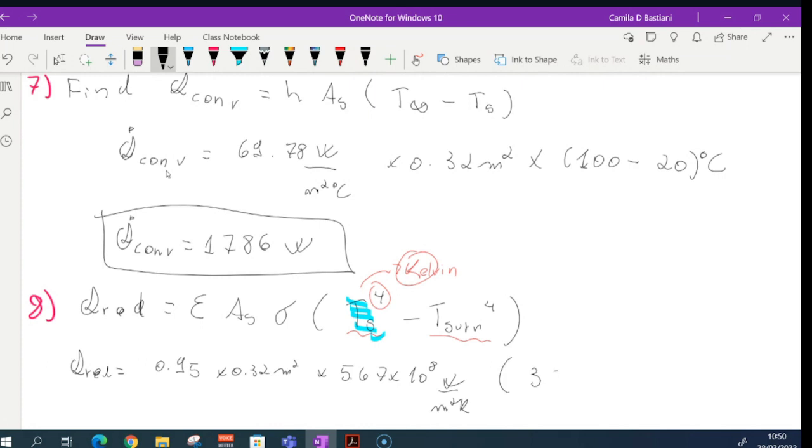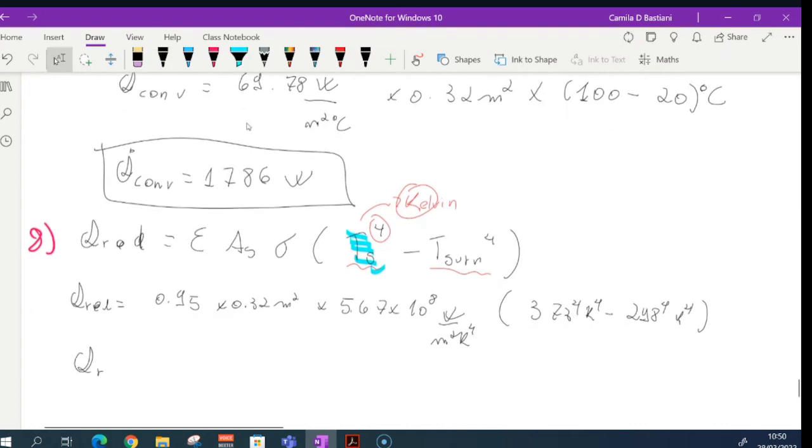Temperature of the surface minus temperature of the surroundings, or in here as well. So my radiation heat transfer rate, I forgot the dot on top of the heat transfer because it's a rate, is equal to 198 watts.